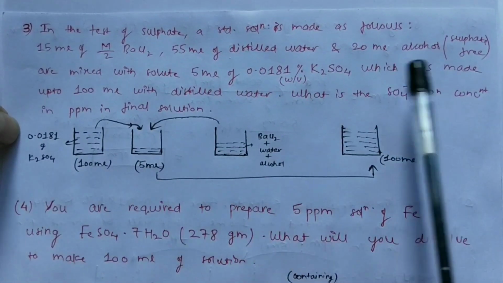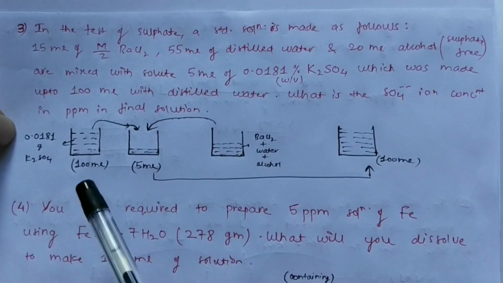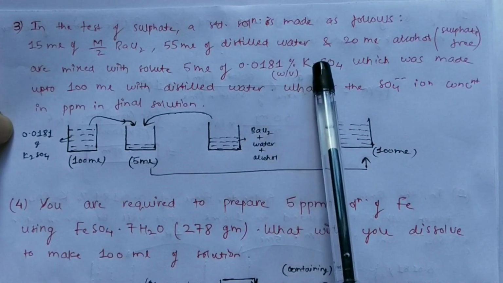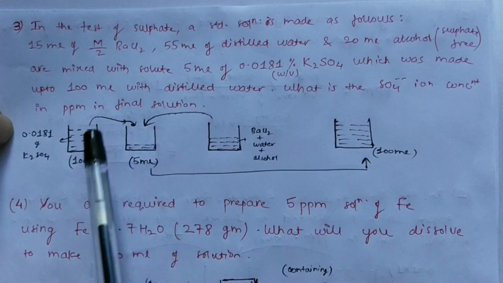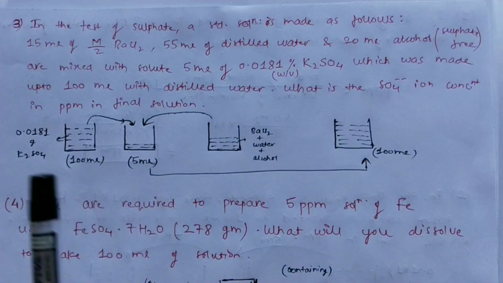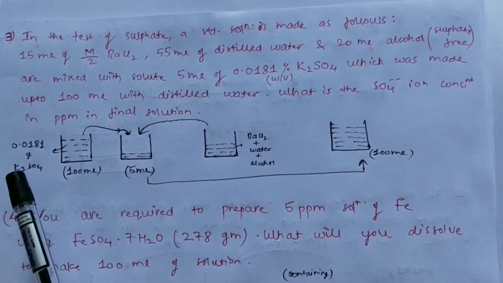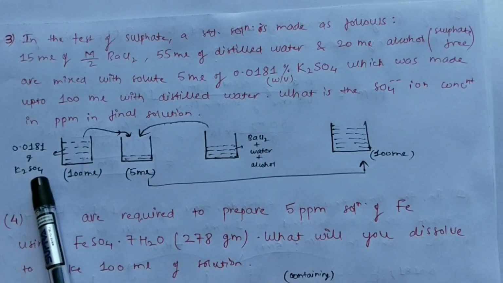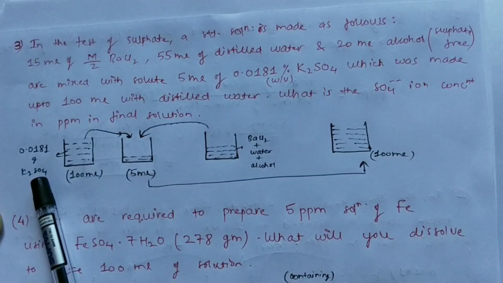I have just explained that the procedure is the same. See, first you have 0.018% potassium sulfate. This means out of 100 ml you have 0.018 gram. You have here in 100 ml solution 0.018 gram of potassium sulfate like before.